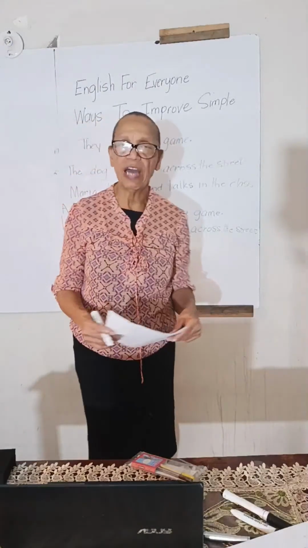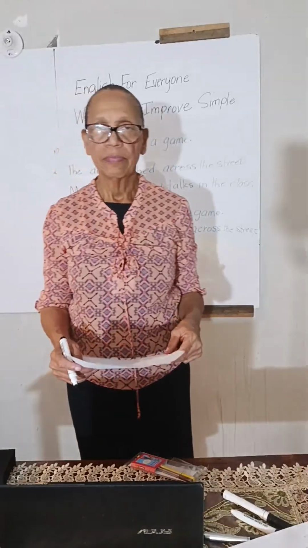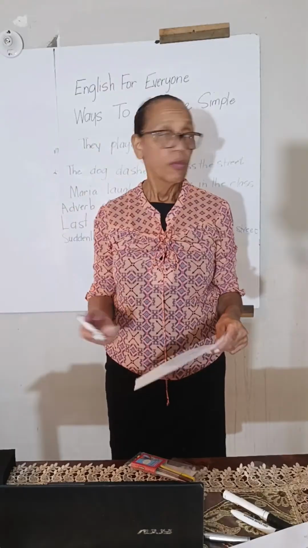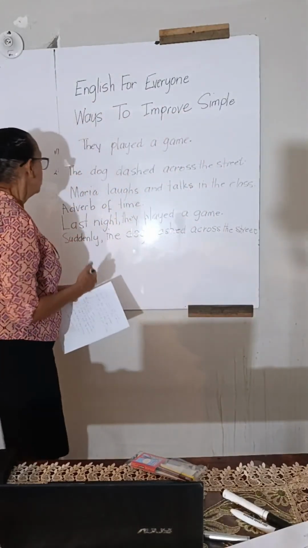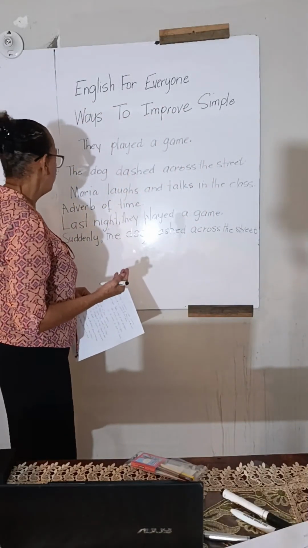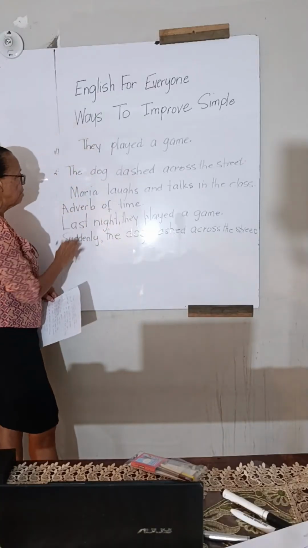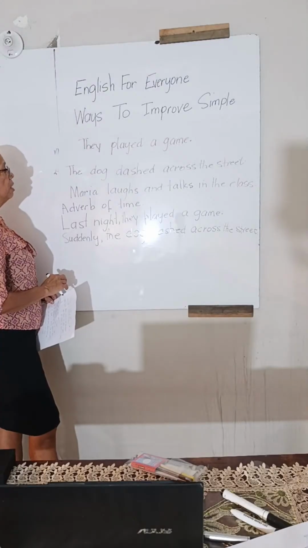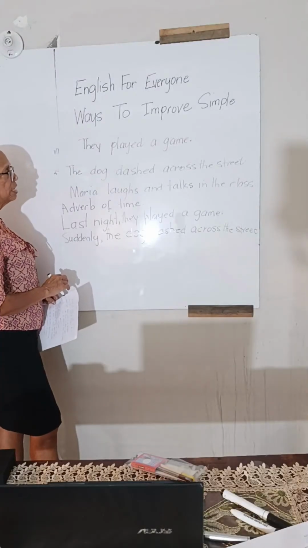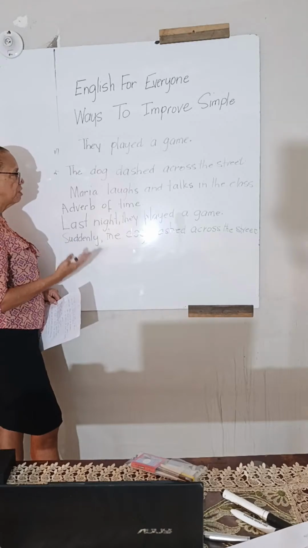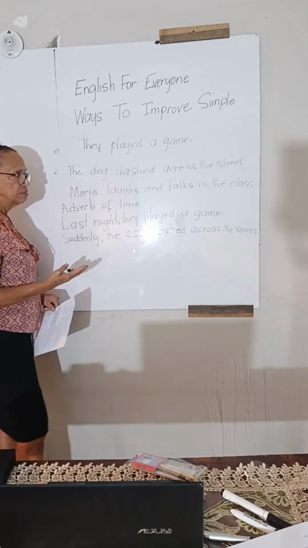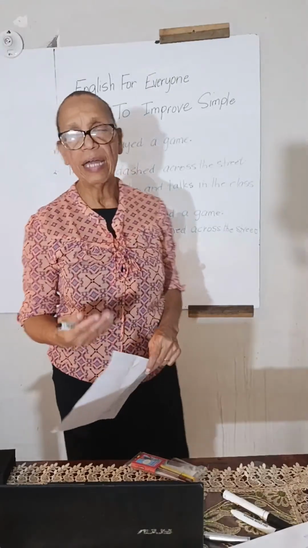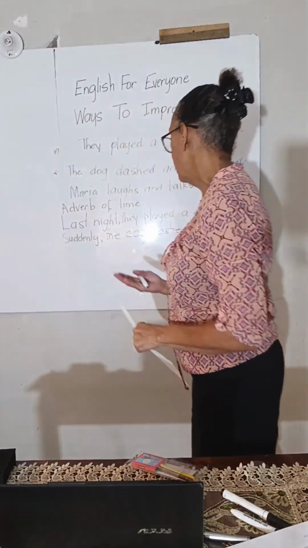Maria laughs and talks in the class. What could we use for that one? We have done adverb of manner, adverb of time. Could we put an adverb of place? We have place there already.